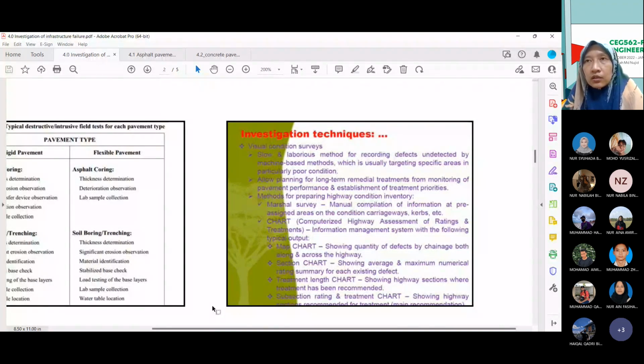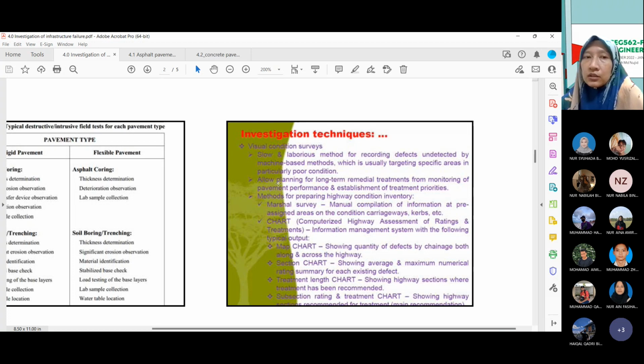Kalau design structure pavement ni tak betul in terms of dimensions ke road geometry ke, itu akan kacau lah keseluruhan performance of the new constructed road tersebut.